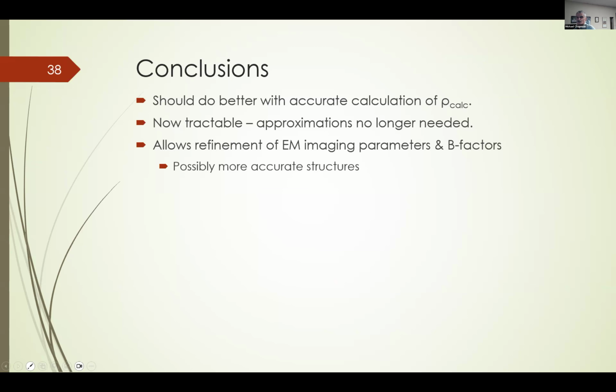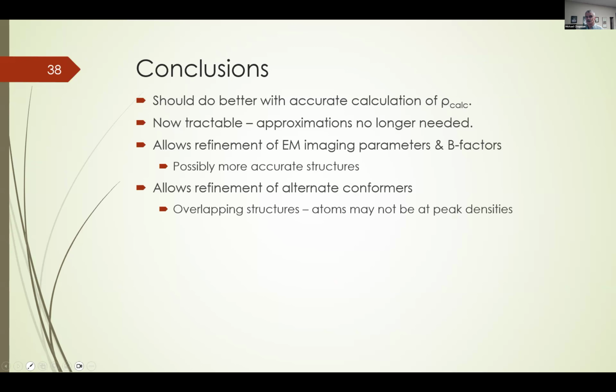We don't need approximations for expediency anymore. And that allows refinement of EM imaging parameters, individual B factors. We like to think, but it's unproven, that it leads to more accurate structures as we get the agreement between observed and calculated densities to be better.